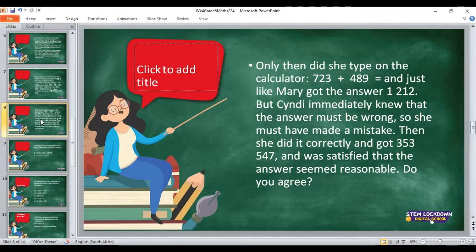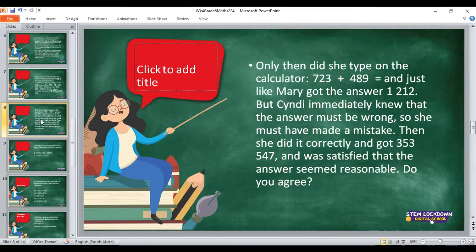All right, and now here Cindy also does the same mistake of pressing the plus sign on the calculator, and the answer is 1,212. But Cindy immediately knew that the answer must be wrong. All right, she immediately knew that she must have made a mistake.